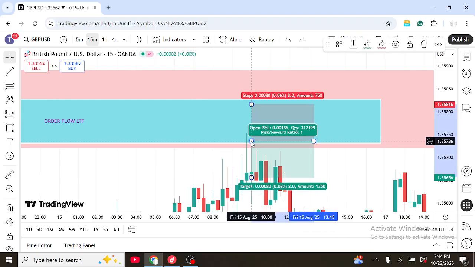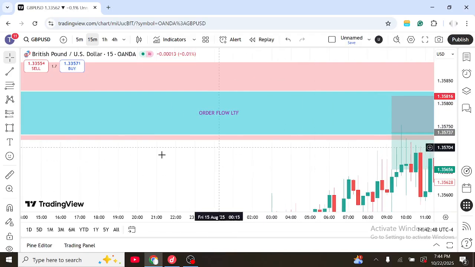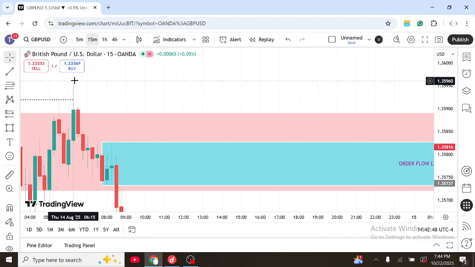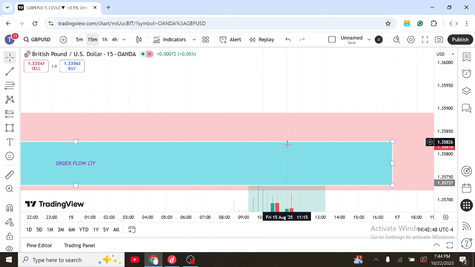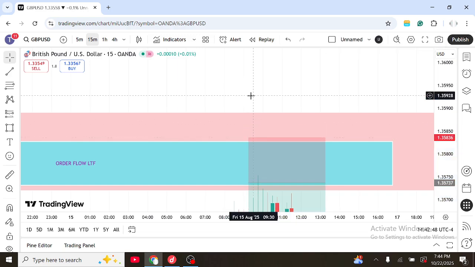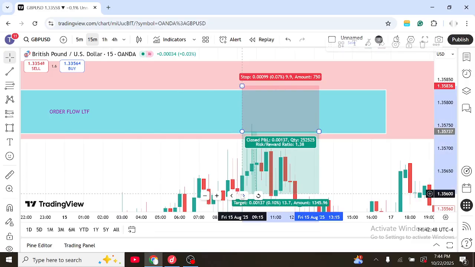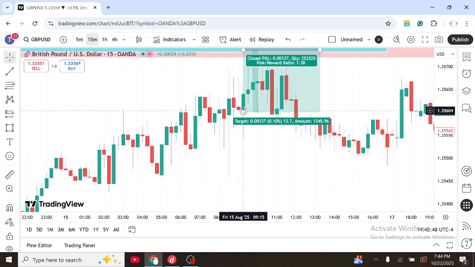Place it there, and then my stop loss will be above the order flow. You understand? Not above this order block that we have here, but above the order flow. So my stop loss will be just above it here. And then I will extend this to 1:5 or 1:3.